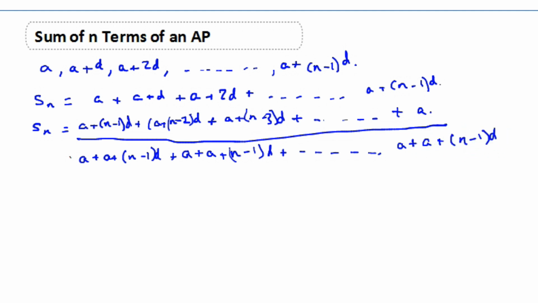So we've got this repetition, which is 2a plus n minus 1 times d.